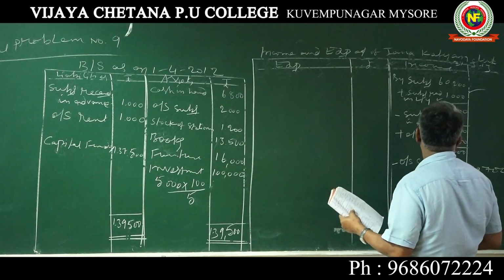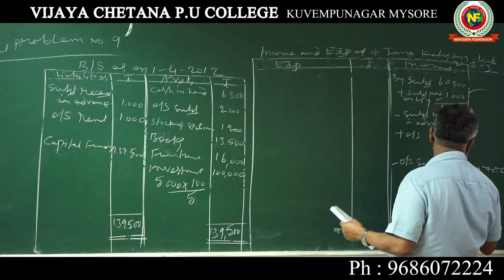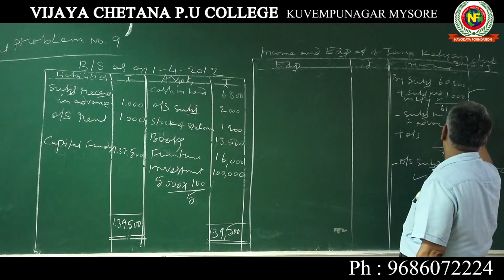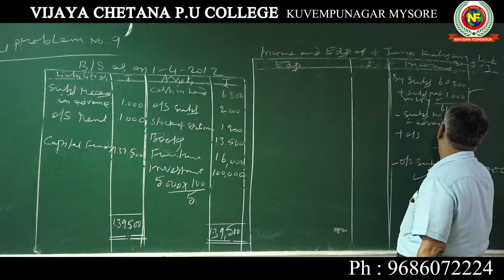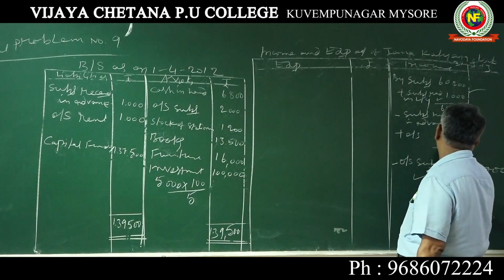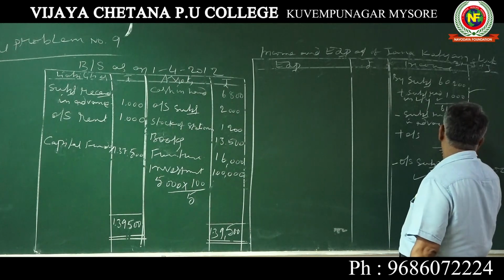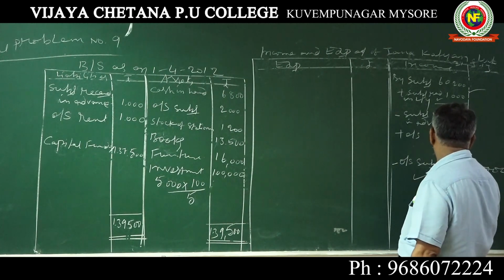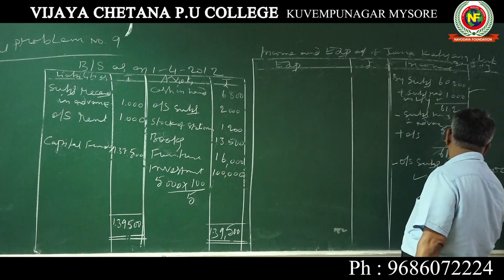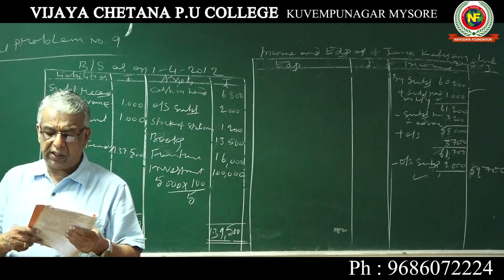So 61,700, and from this if we deduct 2,000, that comes to 59,700. And apart from this, we are having donations.